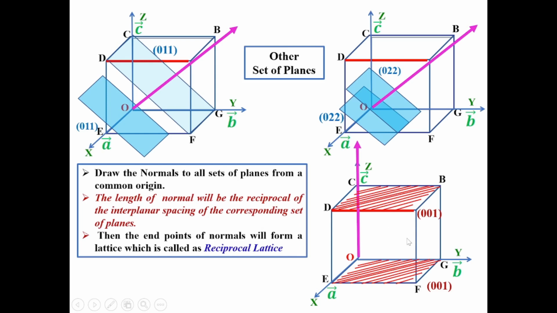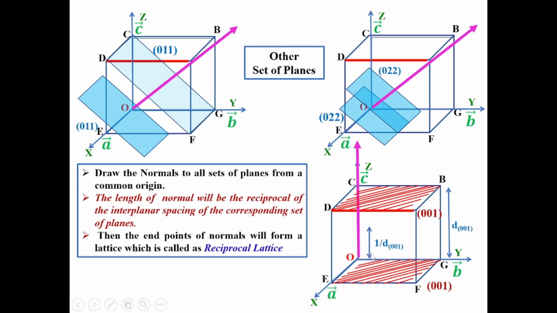So this is the set of planes. This is nothing but your interplanar spacing, that is D001. Its reciprocal, if we consider, then obviously this length will be less than this length, 1 by D001. Suppose this length is this much.